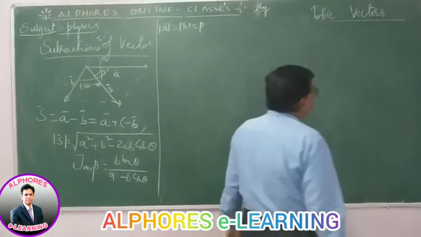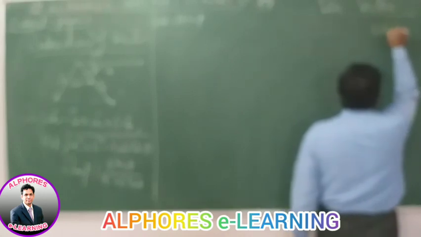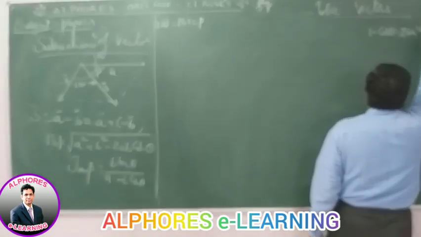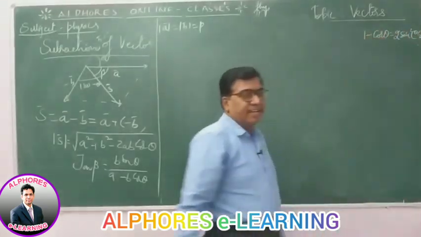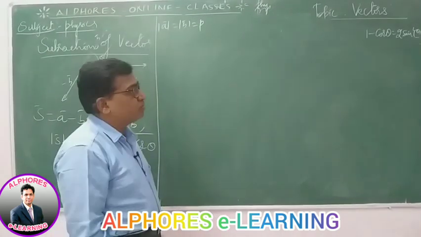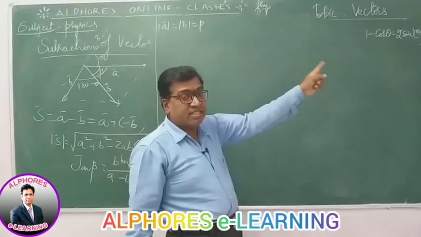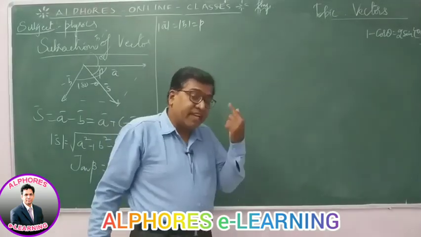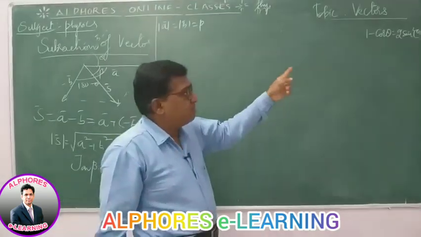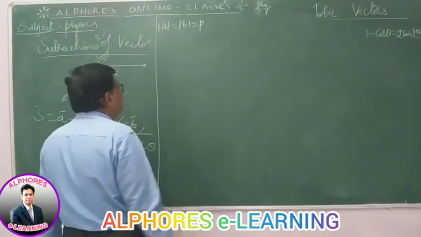For this we are going to use a small trigonometric identity: 1 minus cos theta is equal to 2 sin square theta by 2. Remember, 1 minus cos theta is 2 sin square theta by 2. Earlier we took 1 plus cos theta is 2 cos square theta by 2.